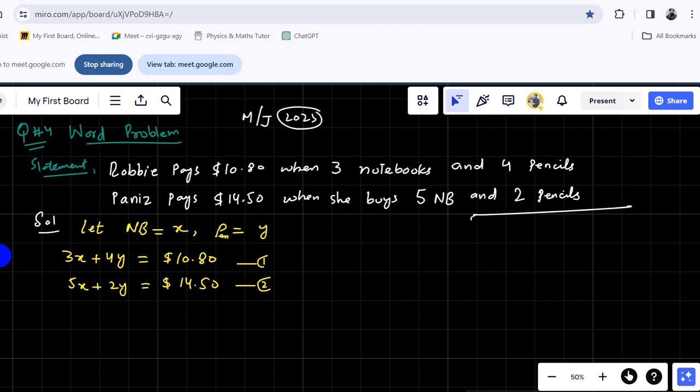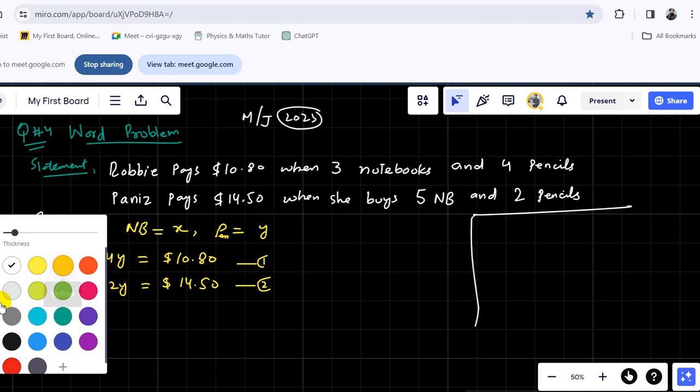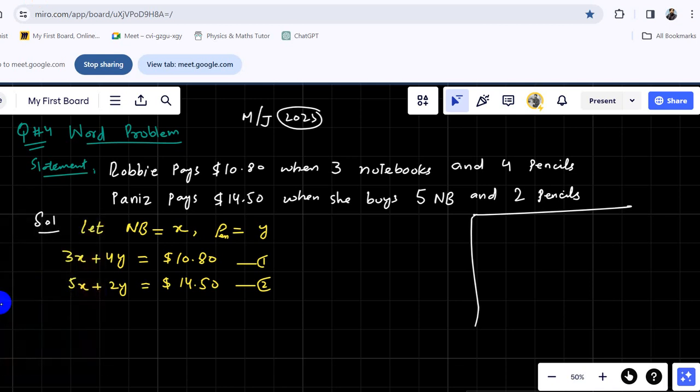Let's say I have the first equation here, which is 3x plus 4y equals dollars 10.80.